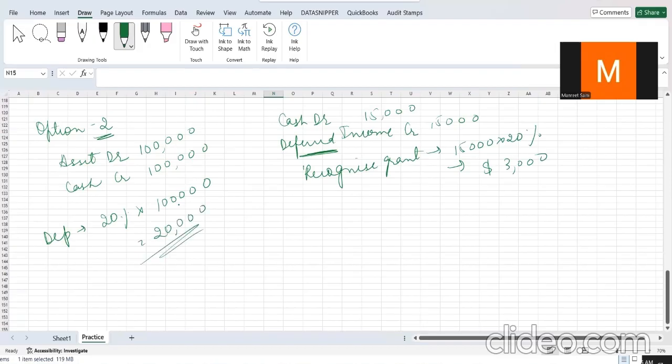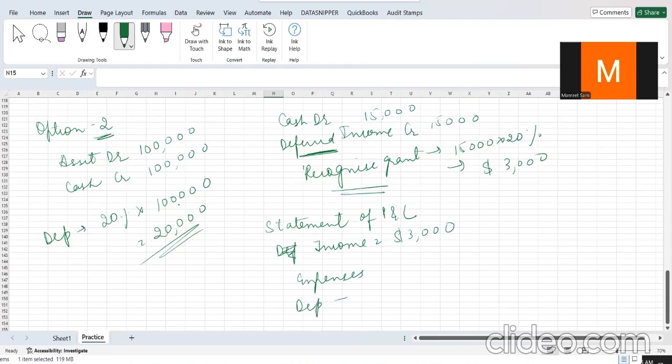So this is done. Now in the statement of P&L, I would show income first, which would be 3,000. And then under expenses, I would show depreciation expense of 20,000, right? So my net would be 17,000.